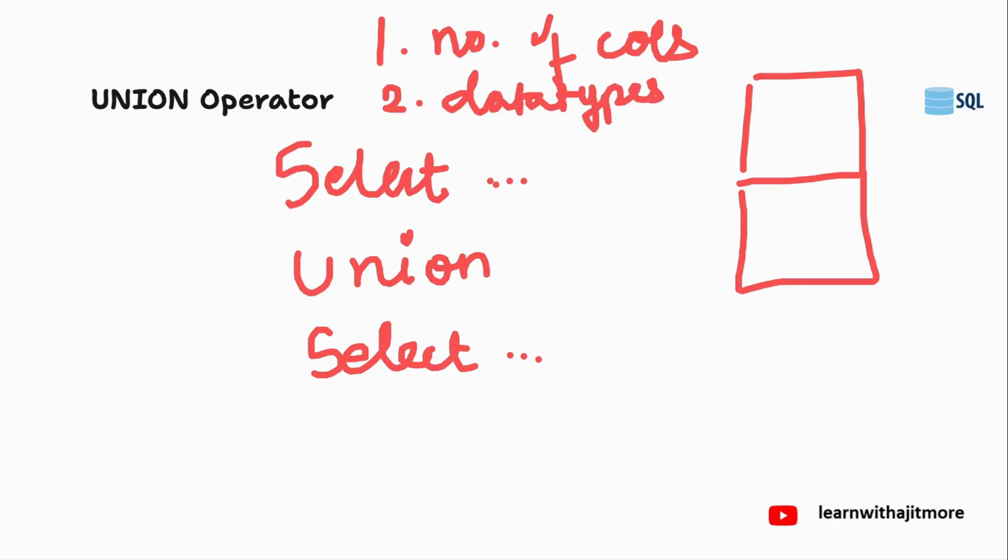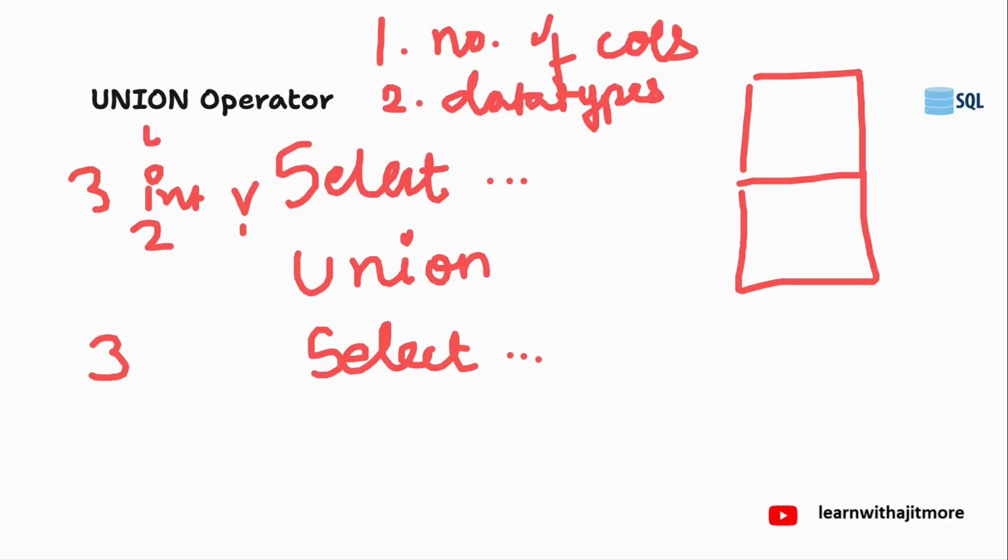Getting? Like it may happen that the first query is giving you 3 columns, the second query is giving 3 columns. Then the data types in the first: two are integers and one is varchar. In the second also two are integers and one varchar, but the order is not matching.